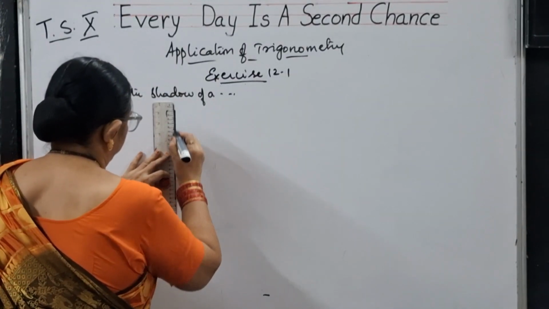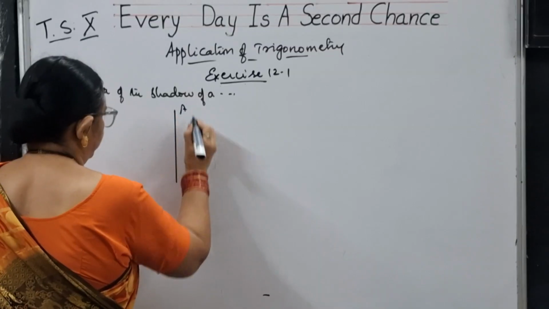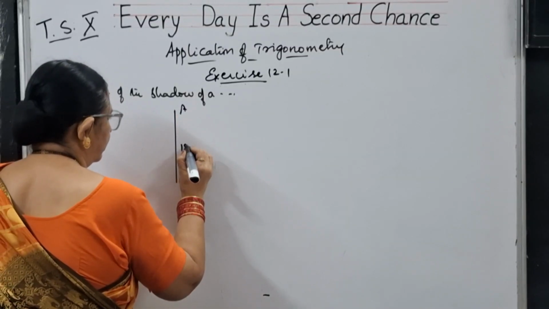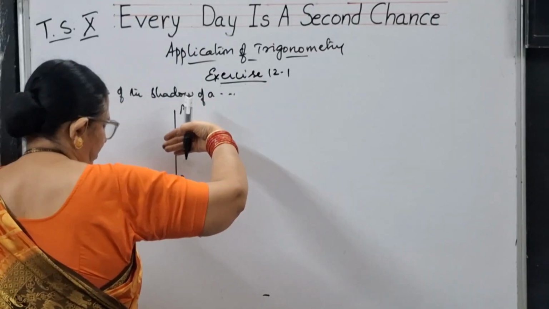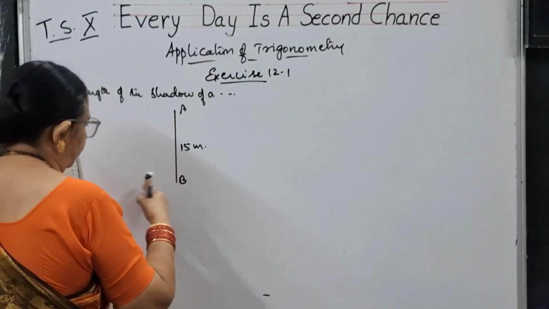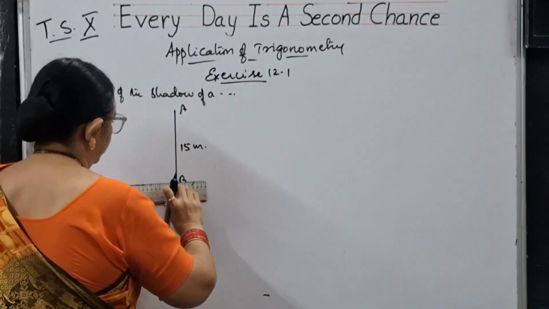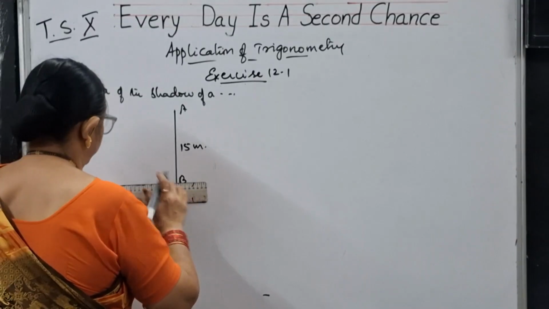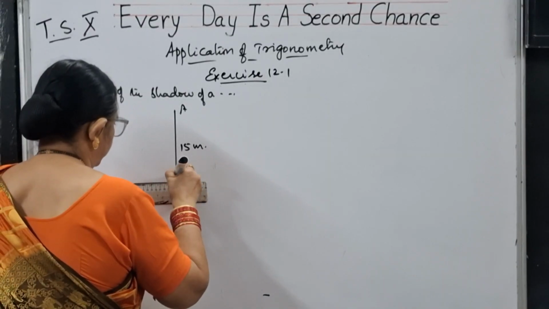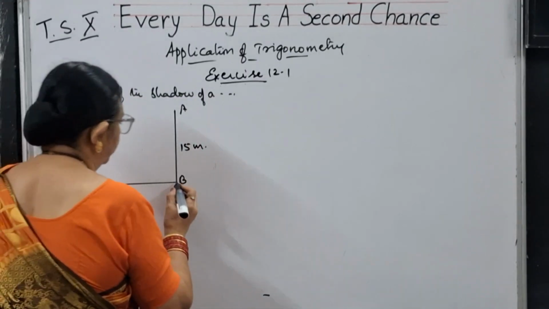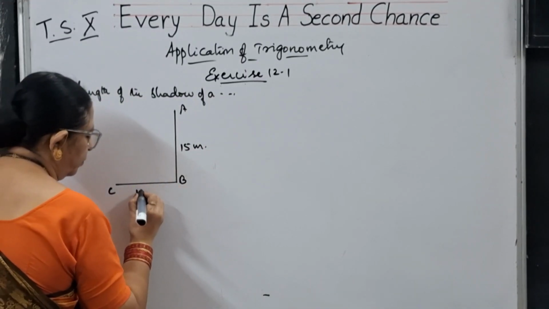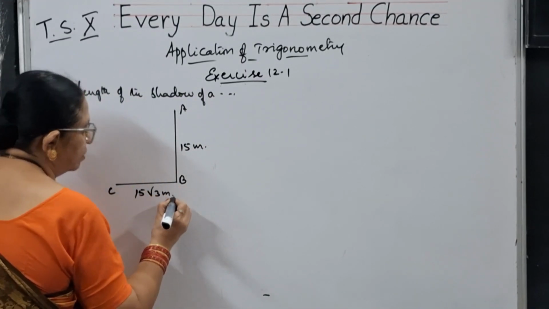So let me draw this pole. When the sun rays fall like this, its shadow forms this side. BC is the length of the shadow, and this distance is 15 root 3 meters.